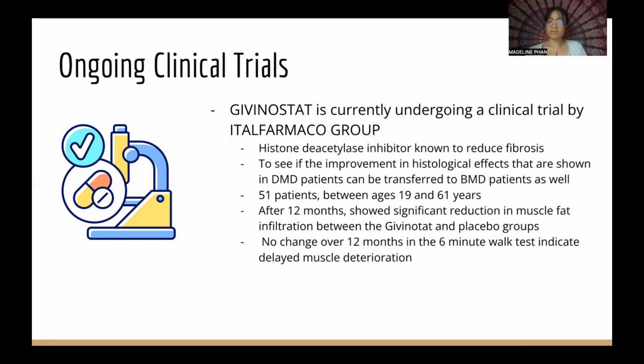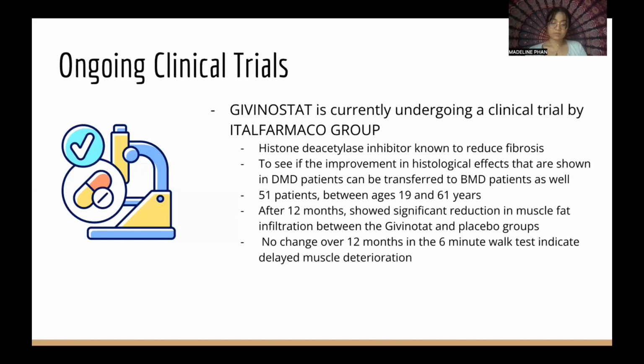This showed a significant reduction in muscle fat infiltration between the givinostat and placebo groups, which is very good. There was also a significant difference in the amount of fibrosis between the givinostat experimental group and the placebo group.